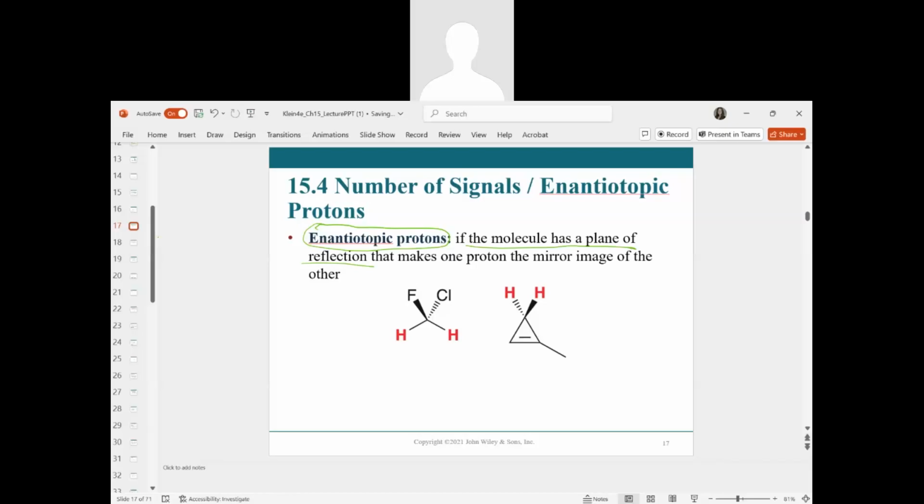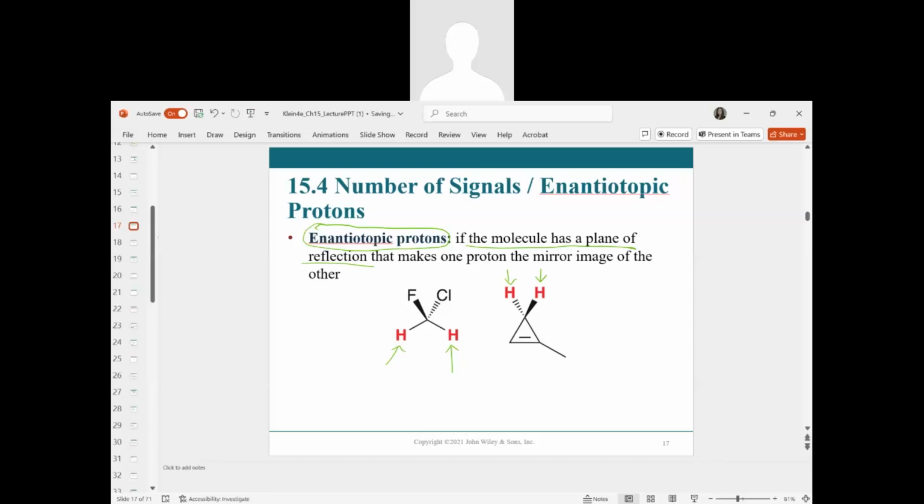It's hard to draw slicing these molecules in half, but imagine that we have a plane of symmetry, which is the plane that these molecules are in. Therefore we would have these two protons in slightly different environments, as would these two protons over here on this cyclic structure.